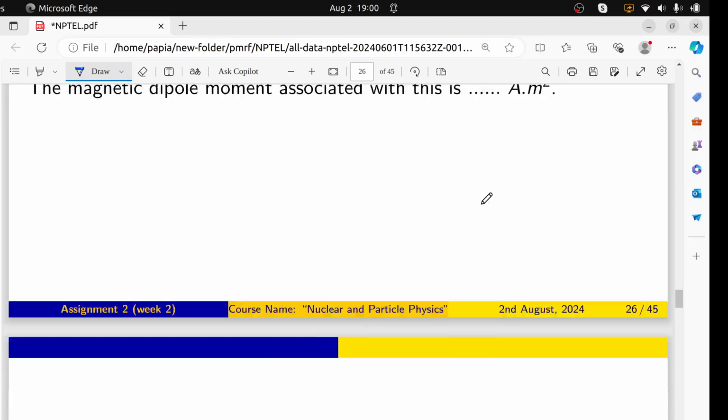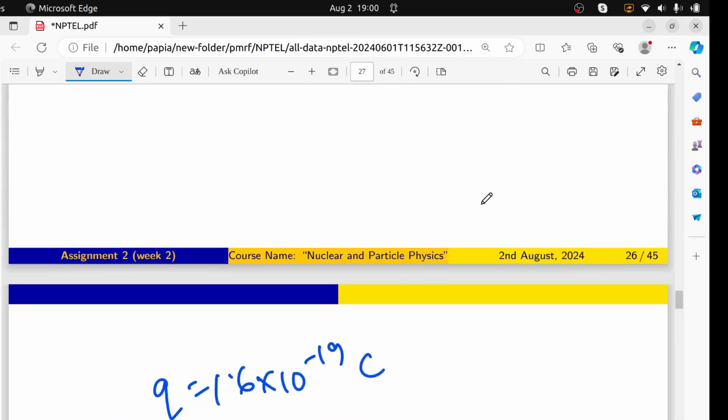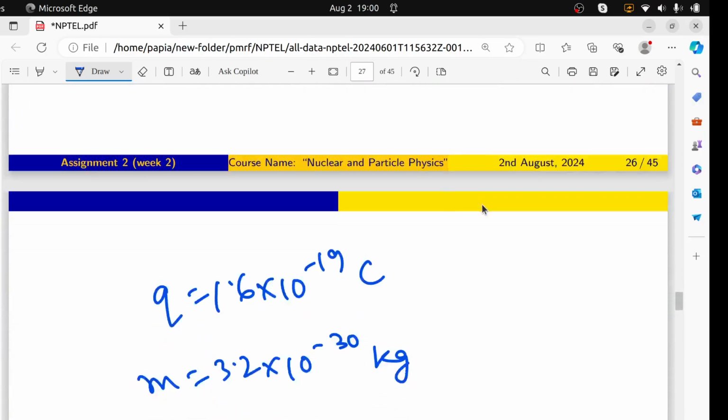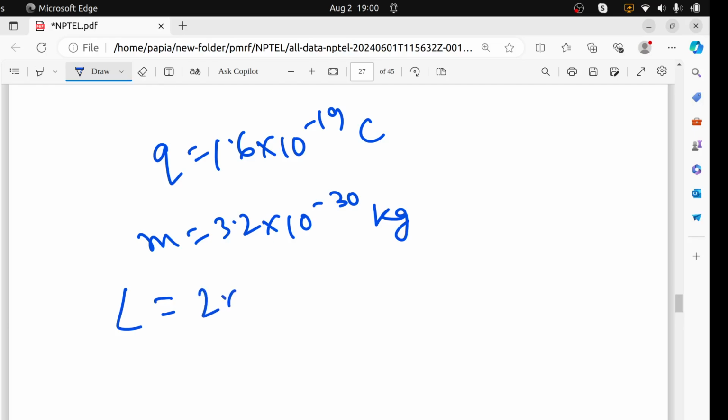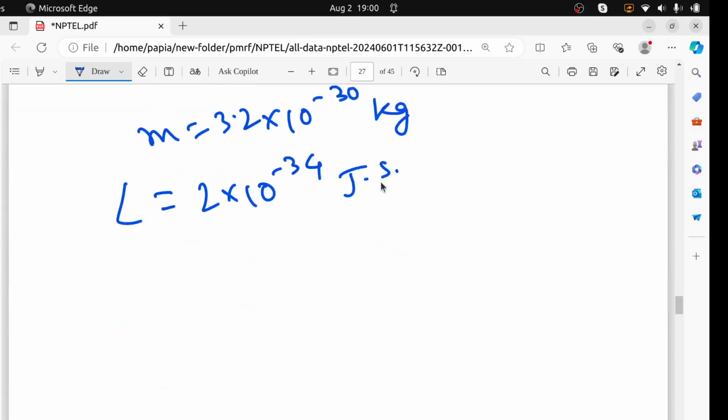Then angular momentum, let's say L, has the value 2 × 10^-34 joule-second. So mass, charge and angular momentum are given. Now they are asking what will be the value of the magnetic dipole moment.